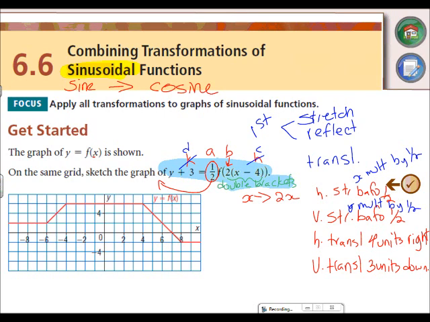Horizontal translation, add 4 to x, and 3 down, subtract 3 from y. Let's do each one of those things to every point. Find a point and go with it. So this point here, multiply by 1/2 on the x and on the y.